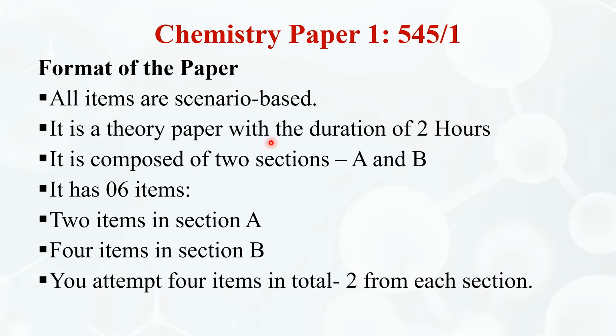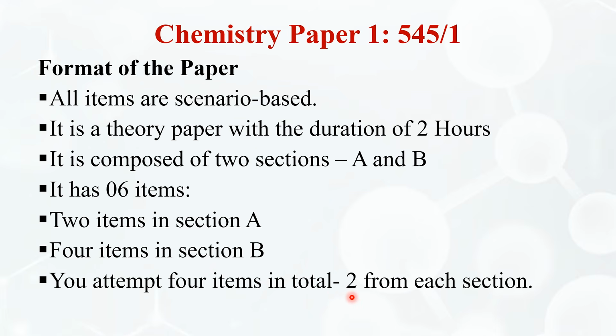Then it is a theory paper with a duration of 2 hours. It is composed of 2 sections, A and B, with 6 items. So 2 items in section A, and then 4 items in section B. Now, the last point here, a learner is supposed to attempt only 4 items in total, 2 from each section.